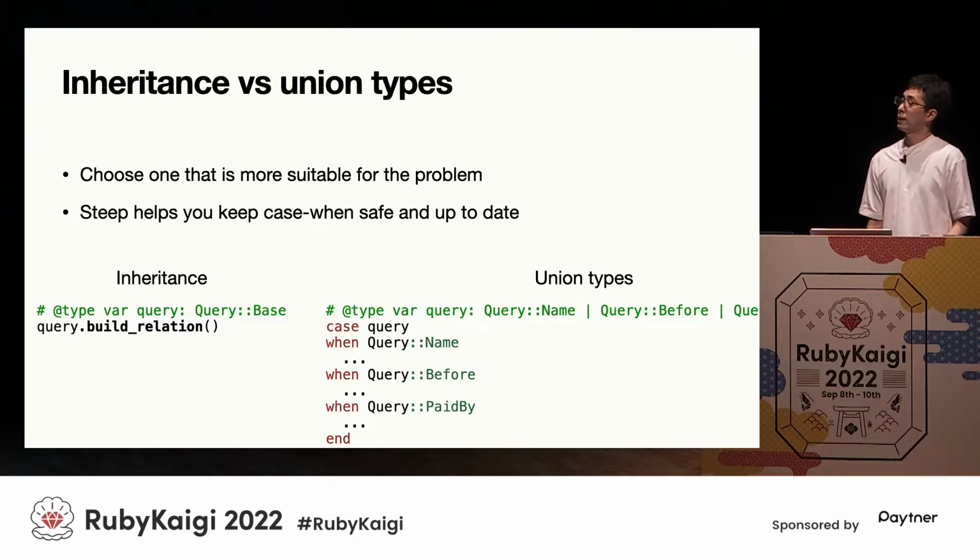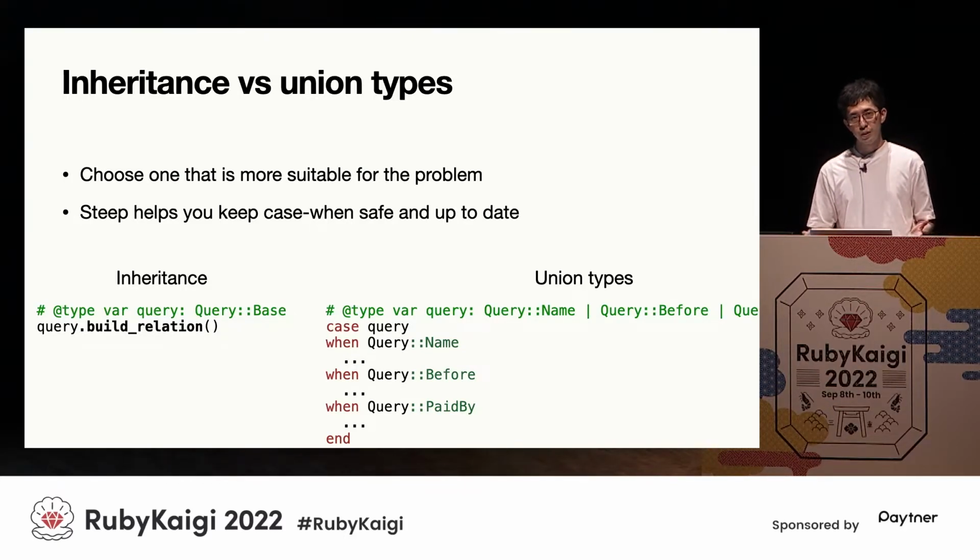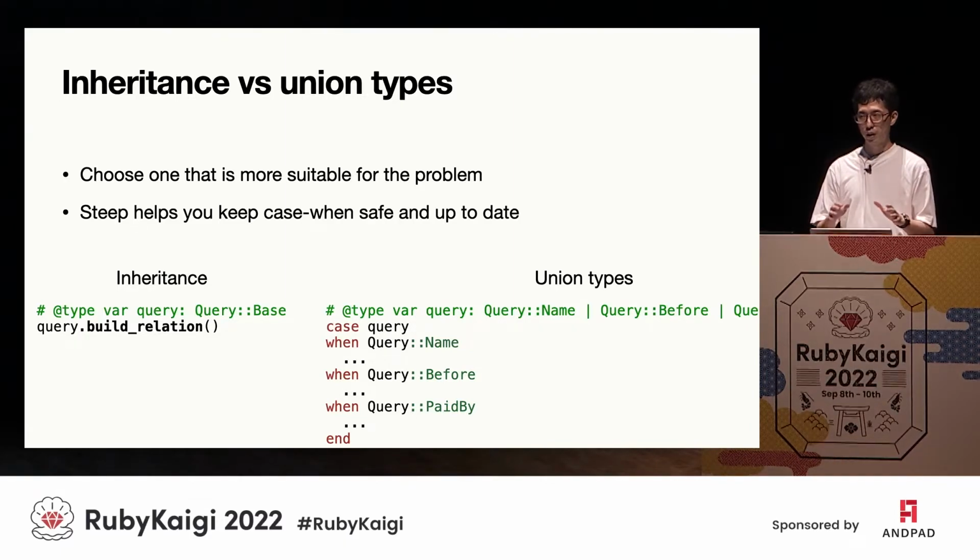Okay, so this is how I'm using the type checkers. You may find that I was using union types instead of inheritance. I think you might feel like adding some base class and adding some methods, something like a built-in relation would be better.